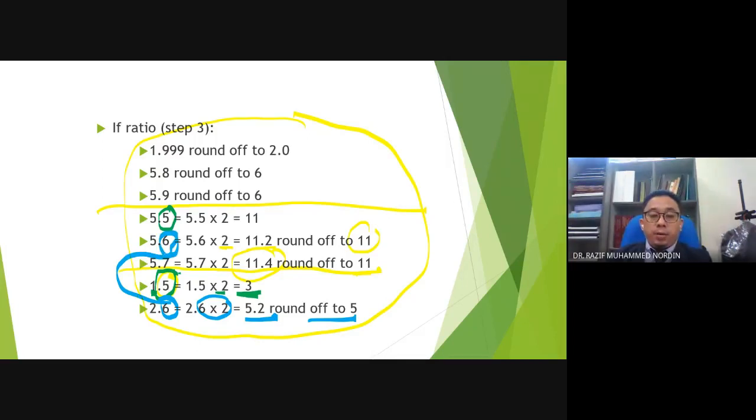Okay. Not selepas itu, number and not selepas itu kita tengok berapa kita patut times dia, times 2 or round off ke atau tidak. Ini diguna pakai di list lah.